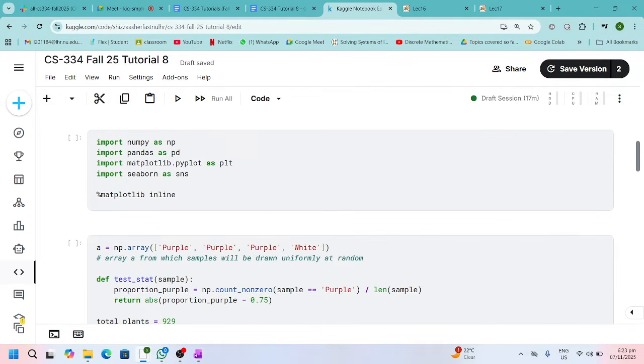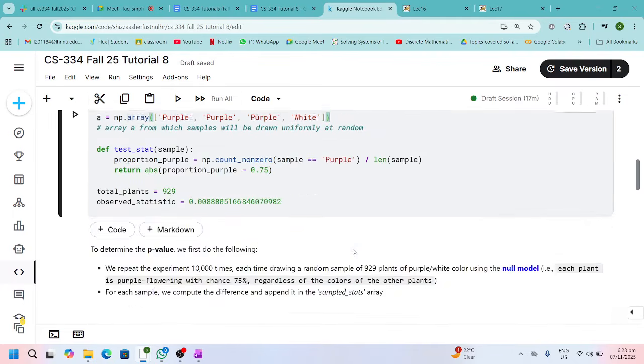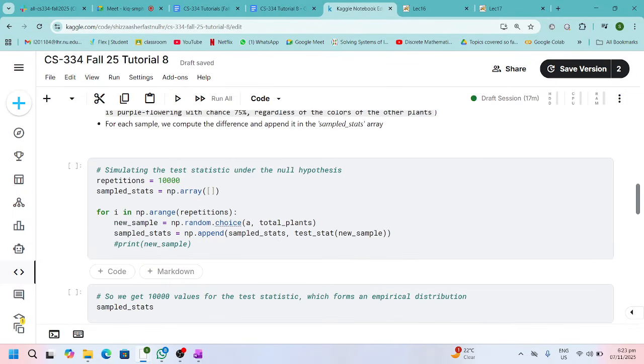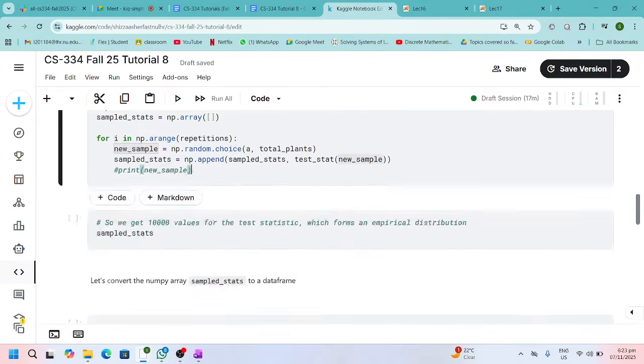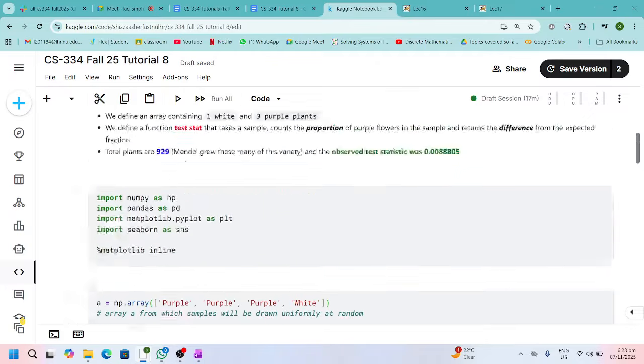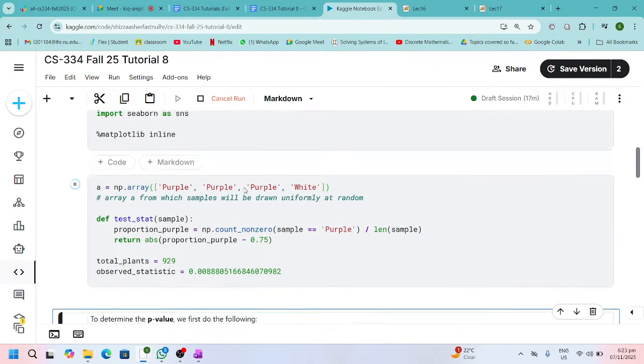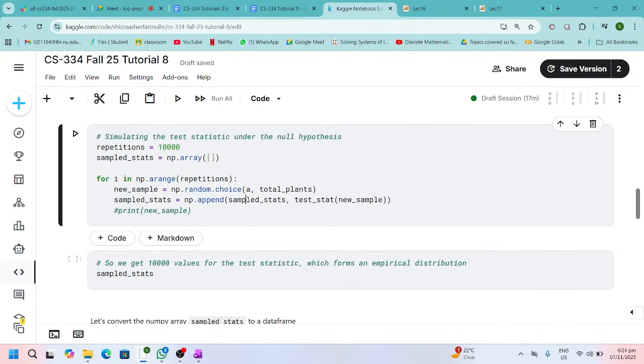And total plants ke andar you had three purple plants and one white plant, which means that there's a 75% chance that जो new sample में plant आ रहा है, उसके अंदर you have a purple flower. Anyway, and then you do this 10,000 times and you compute the test statistic. You are saving the test statistic somewhere. Then we are going to plot this distribution. Now I will show you the plot for this distribution.